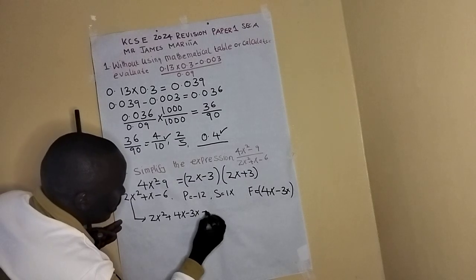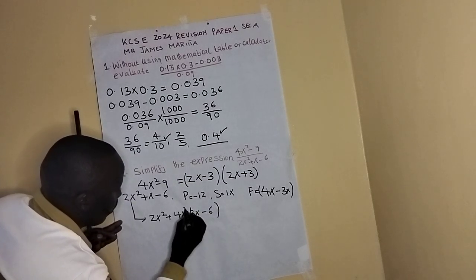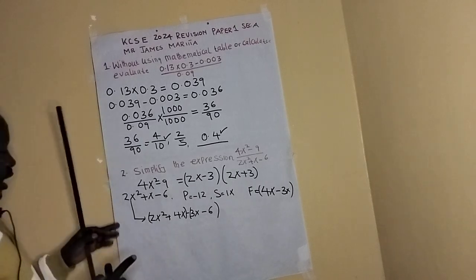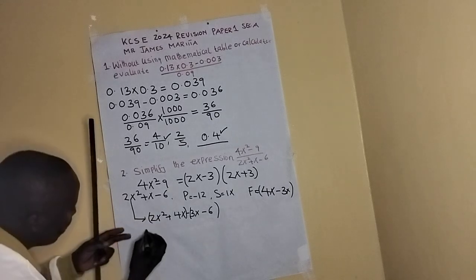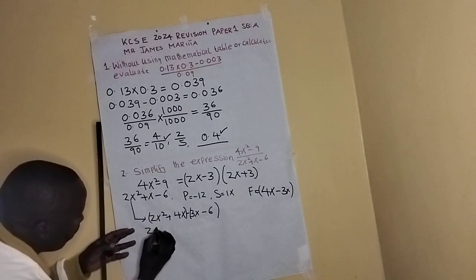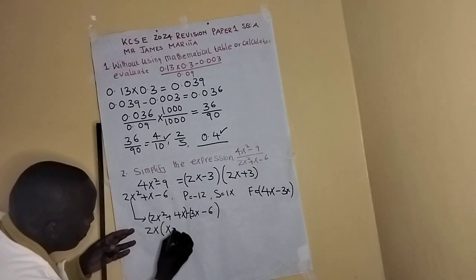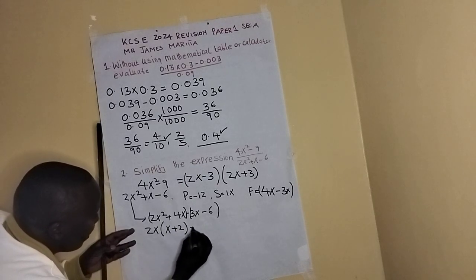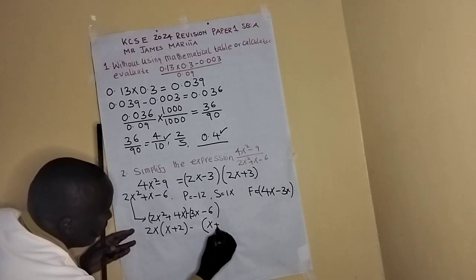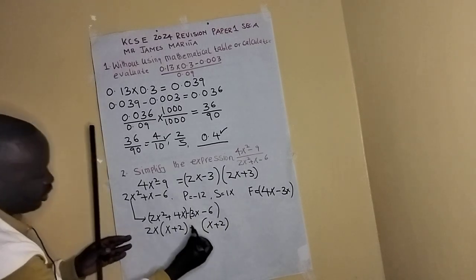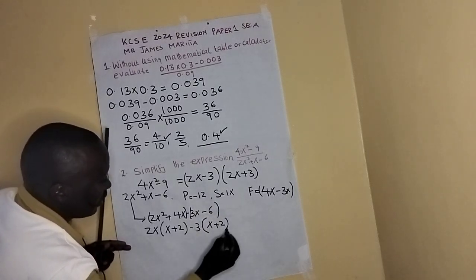Then we have this minus 6 here. We group into two parts, and then we find the common factors. Between 2x squared and 4x, the common factor is 2x, into bracket x plus 2. Then minus 3 into bracket x plus 2, since the common factor between 3x and 6 is 3.